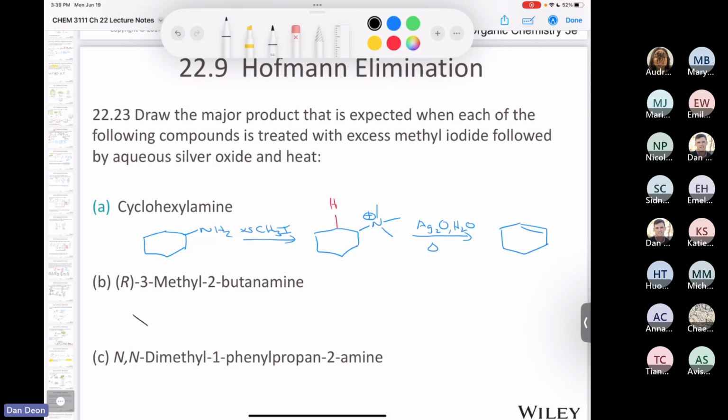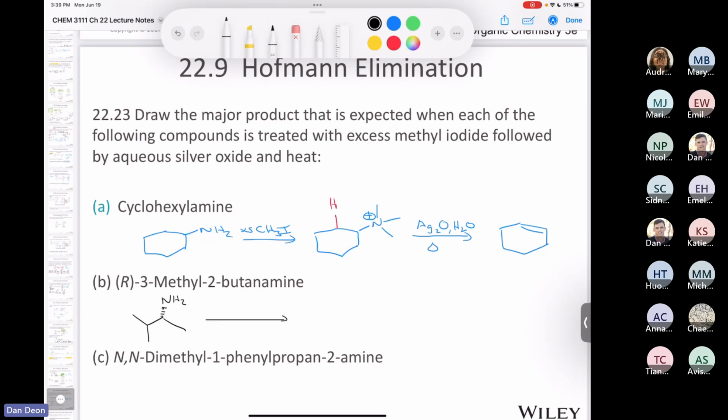In the next compound, R-3-methyl-2-butanamine, if we draw the structure of that compound, it looks like this. It's a chiral center, so I'll draw it like this. Is this R? Yes, this is the right compound.